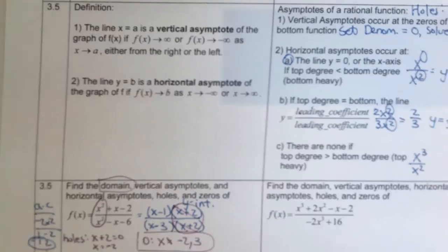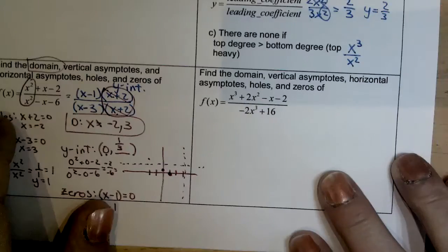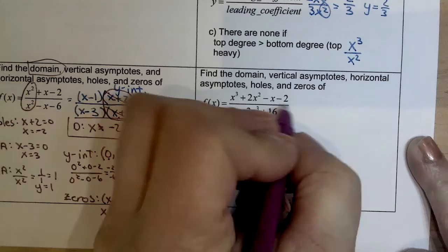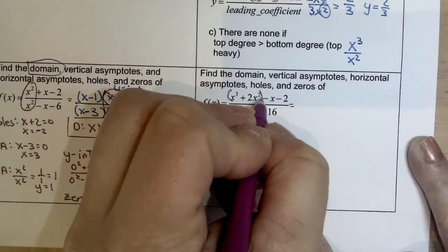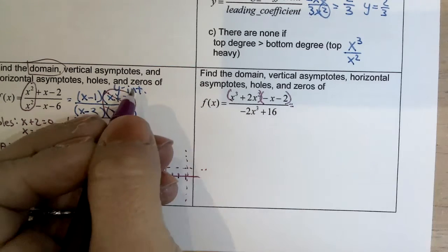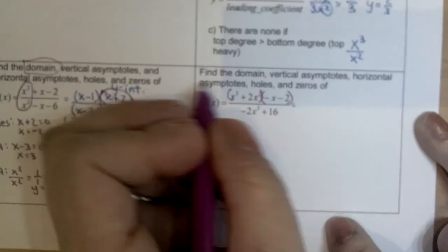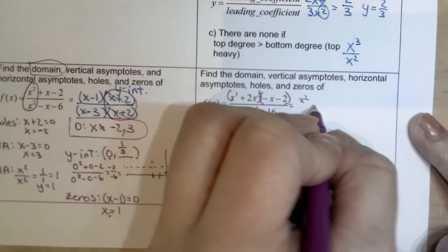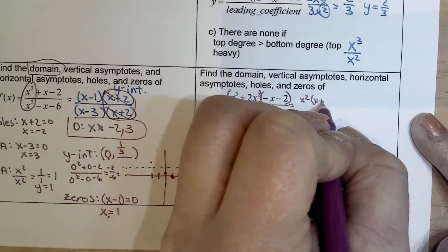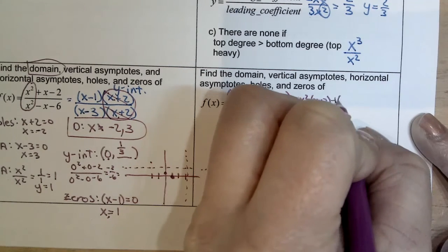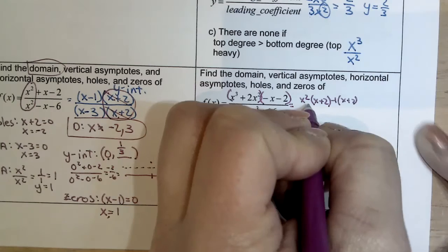So let's go ahead and take a look at this next one. It's going to be the same thing. The first thing I have to do is factor this. Well, I have 4 terms here, so I'm going to try factor by grouping. That's always what I try first. So I can take an x squared out, and I'm left with x plus 2. And I can take a -1 out, and I'm left with x plus 2.